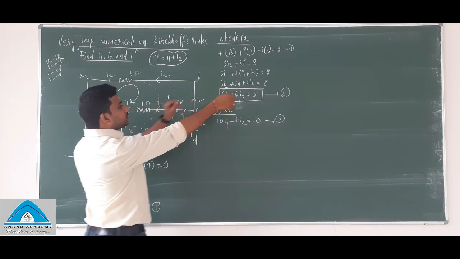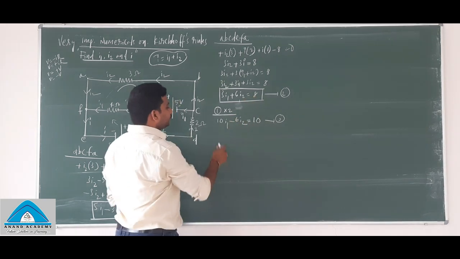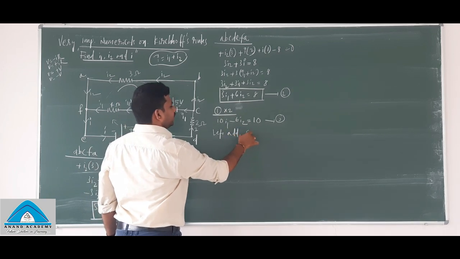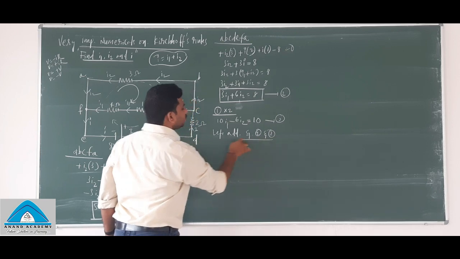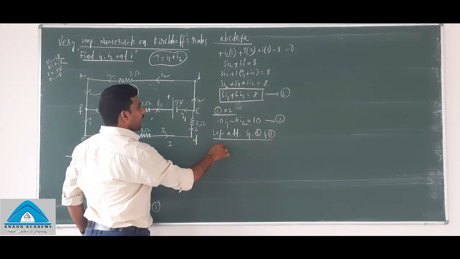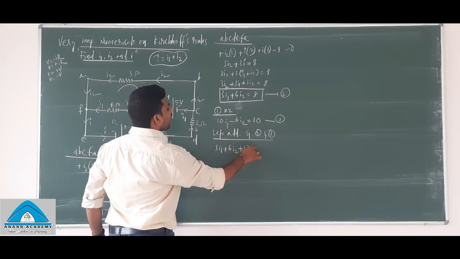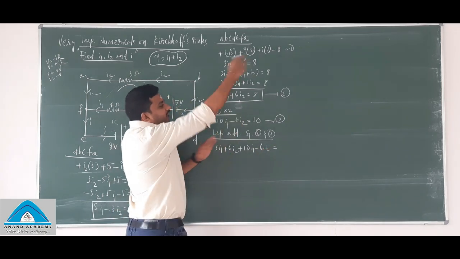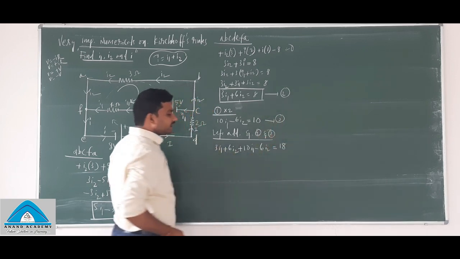Now equation number 3 and equation number 2 we will be adding. So let's add equation number 2 and 3. Both left hand sides we will add first: 3i1 plus 6i2 plus 10i1 minus 6i2 is equal to, right hand side we add 8 plus 10, which is 18 here, right?